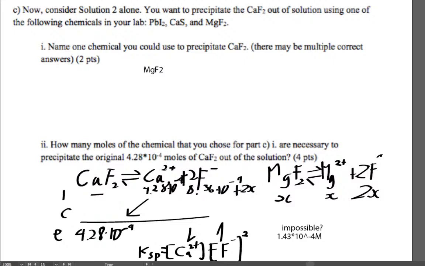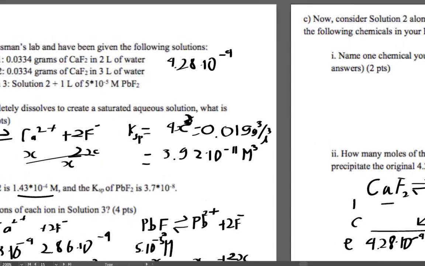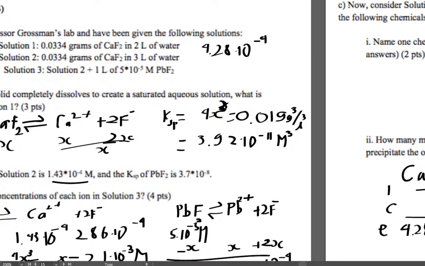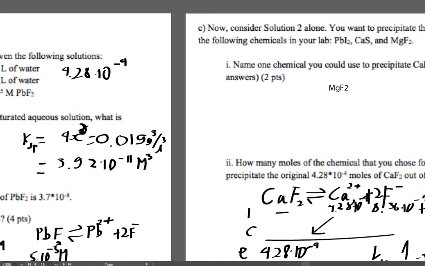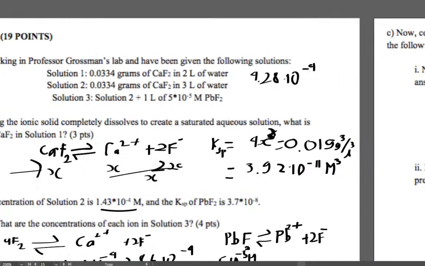I don't think it's possible, because even though you do all of that, I would say it would be impossible, because from the 4.28 times 10 to the power of negative 4 moles of calcium fluoride you have, they couldn't all be gathered back up.